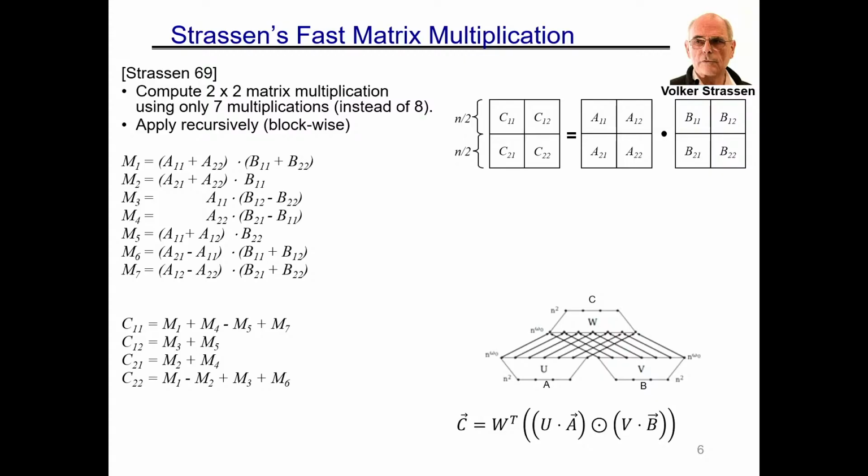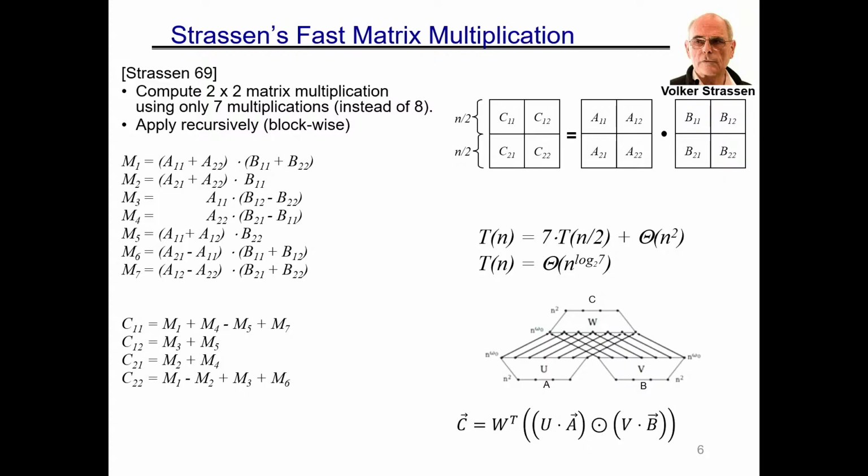You think of each element as a block, so addition and subtraction are just addition and subtraction of matrices, and multiplication is a recursive call. Then you get the nice recursive formula, which gives you n to the log base 2 of 7 arithmetic cost.